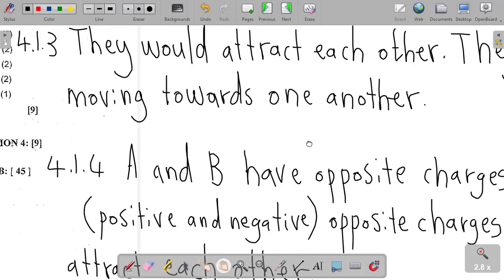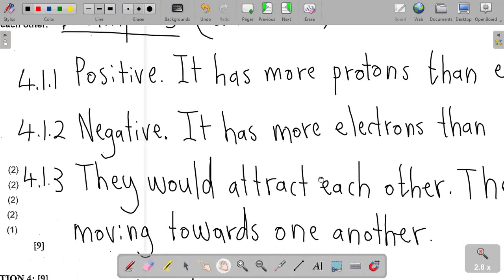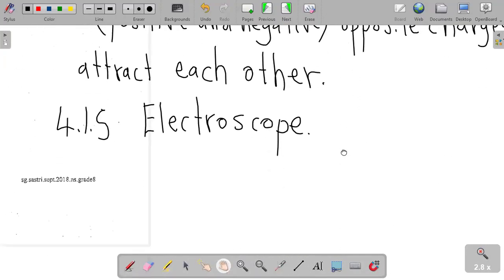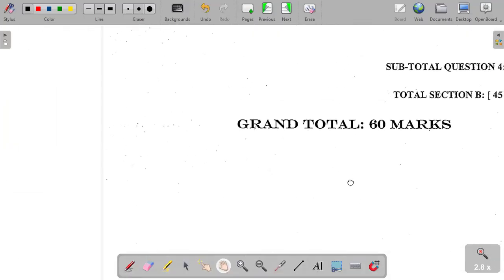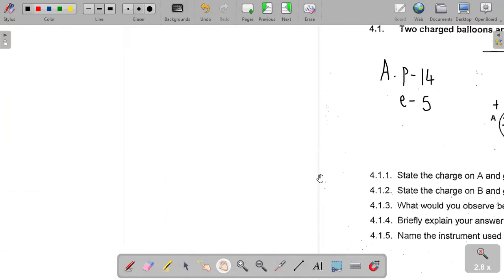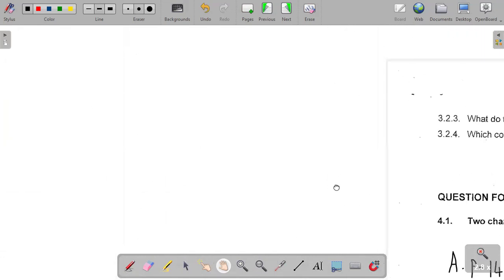So let us do example 4. Let me do it on this side.